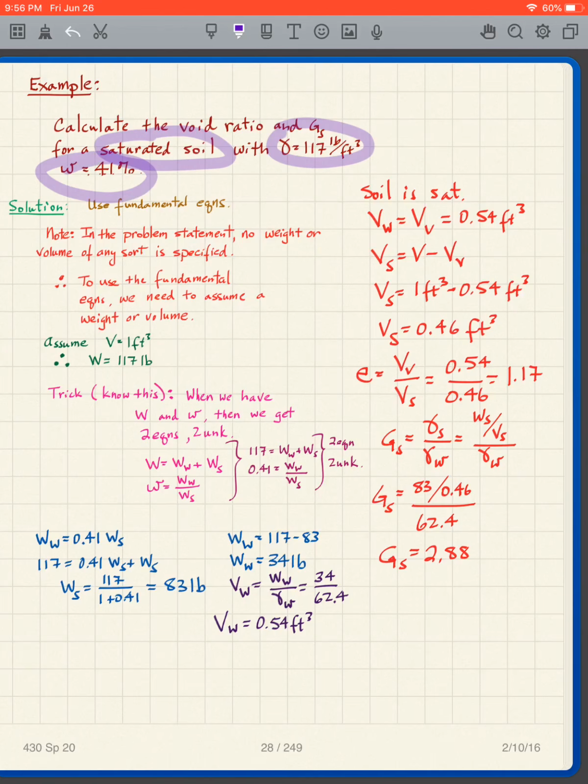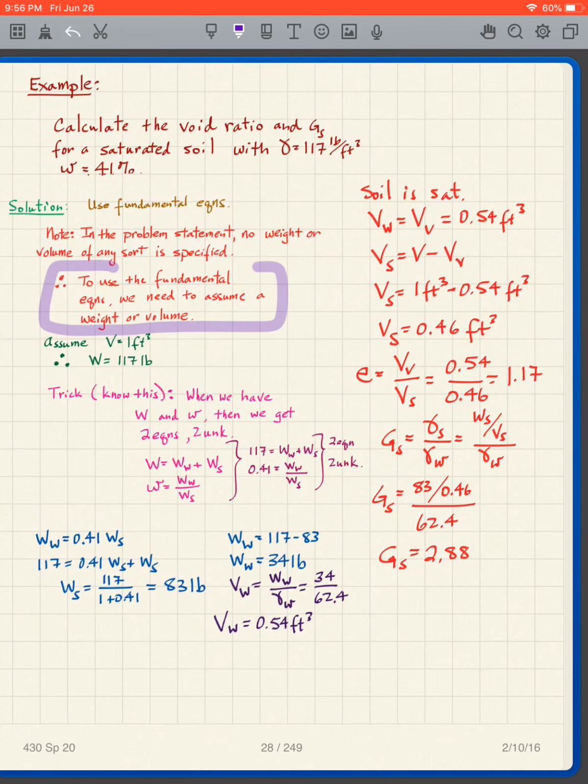I have not been given a single weight, and I have not been given a single volume. None. So that means I can make an assumption. In fact, to use the fundamental equations, we need to assume a weight or a volume.